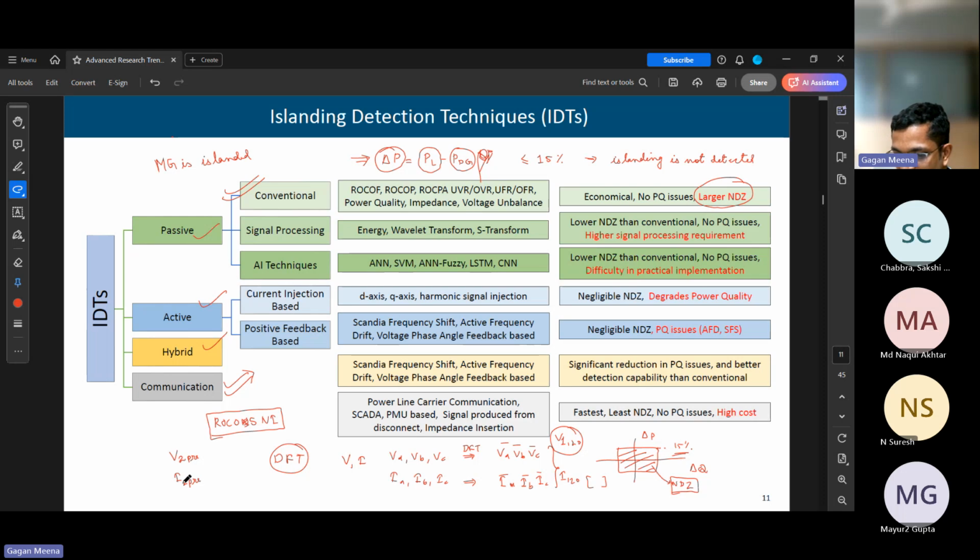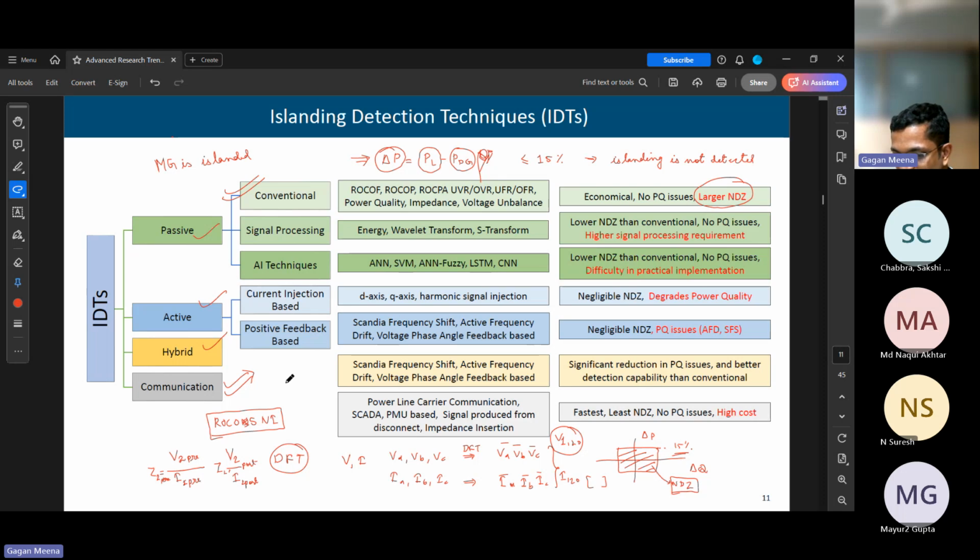If we take the ratio, it will be Z2 pre, the negative sequence impedance before the islanding. Similarly, after the islanding we can calculate V2, I2 post. This will be Z2 after islanding.